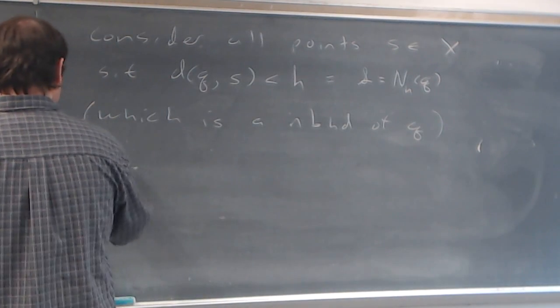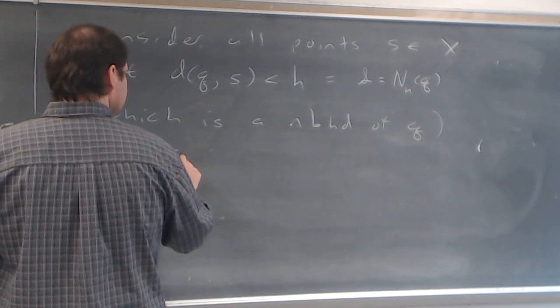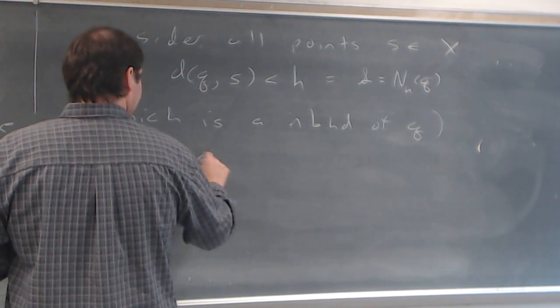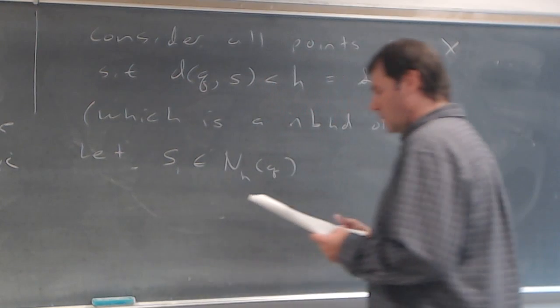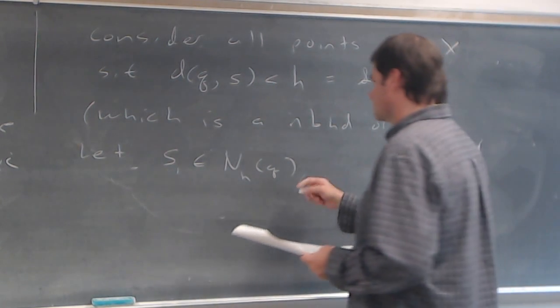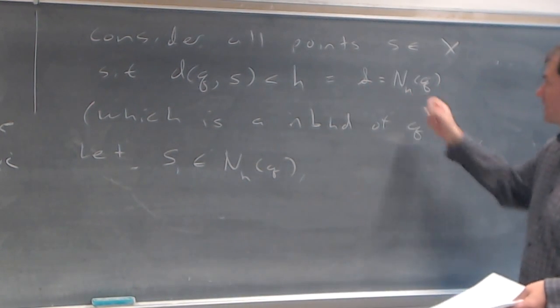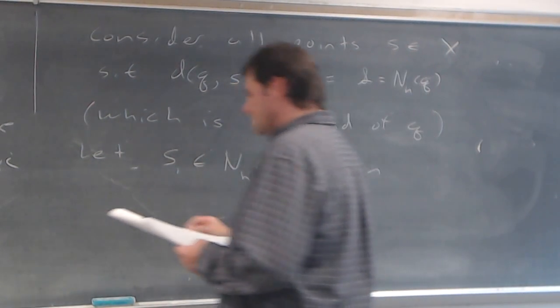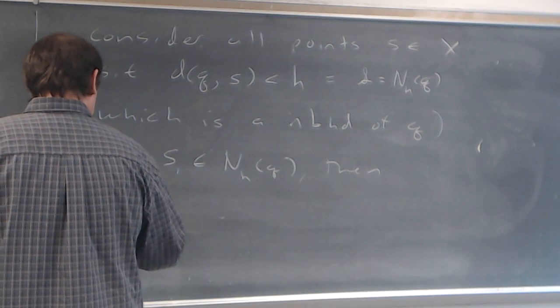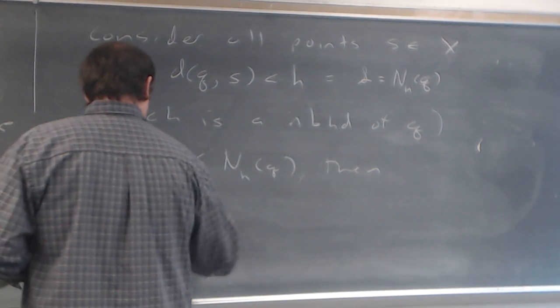So here's what I'm going to say. Let S sub 1 be an element of this N sub H of Q. So this is an arbitrary element in this neighborhood. Then let's look at the distance between P and S sub 1.